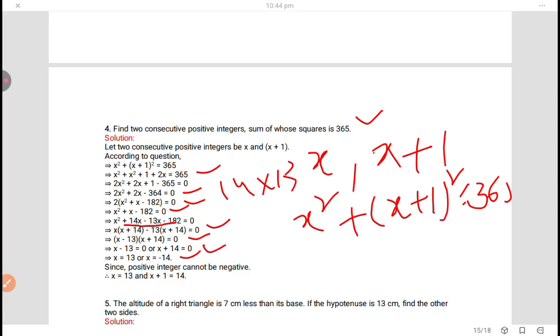So you'll get x equal to 13, x equal to minus 14. Since a positive integer cannot be negative, you should take only x equal to 13. So you'll get the numbers 13 comma 14, the consecutive numbers.